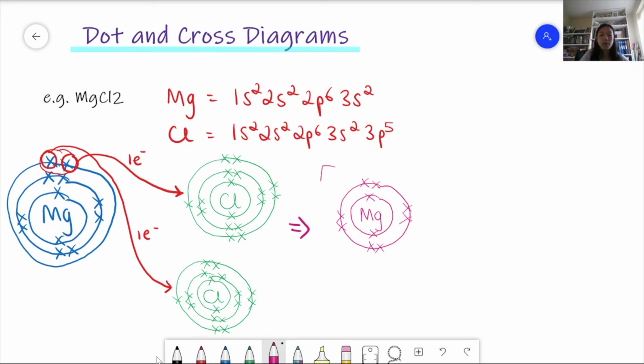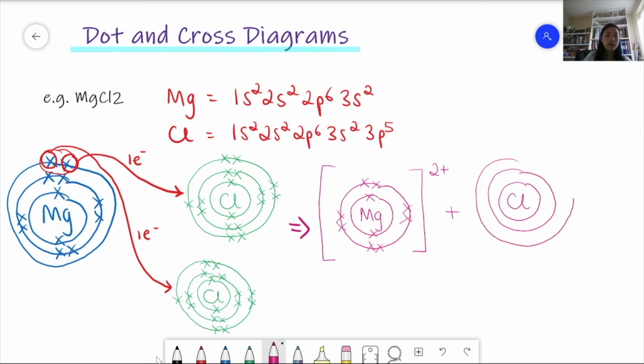So this becomes a 2+ ion because it's lost 2 electrons. And then we have the 2 chlorines, which have now become chloride ions, and they have an extra electron each.